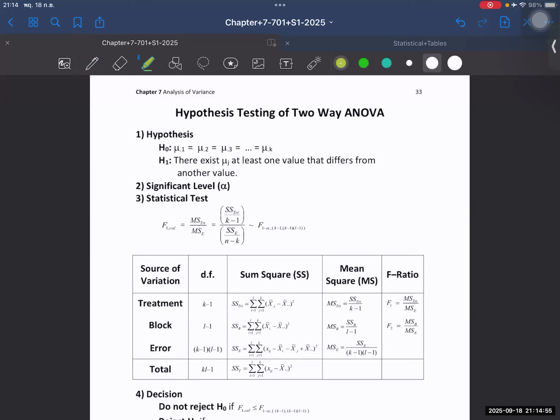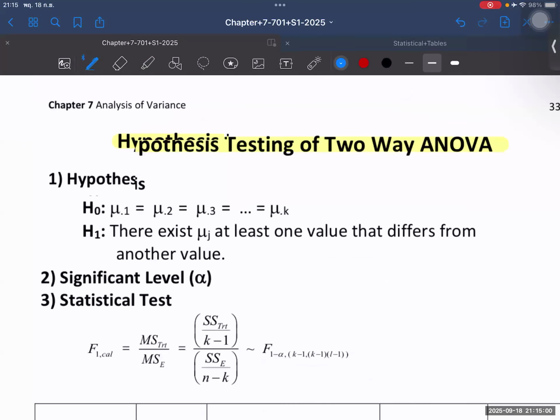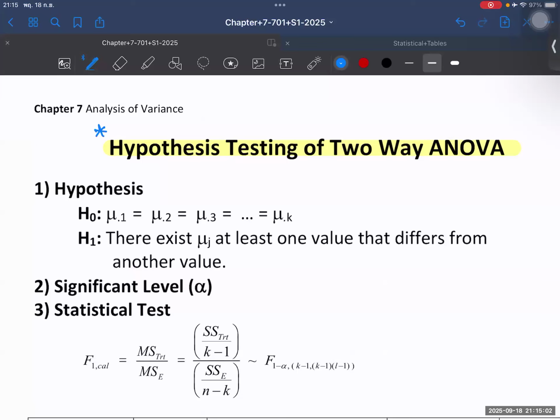So I have to remark for this course that we want to test only the treatment.